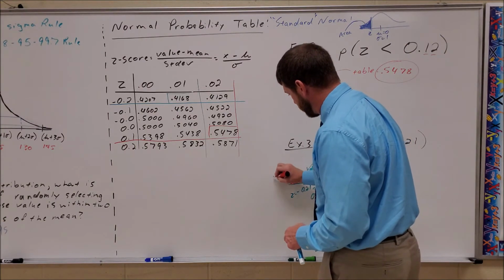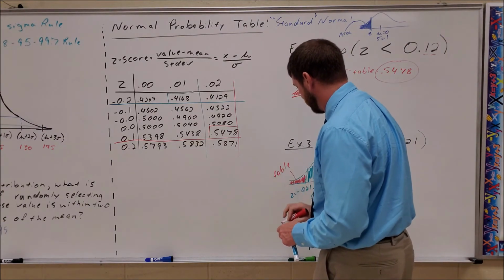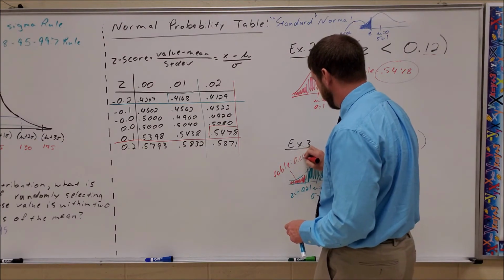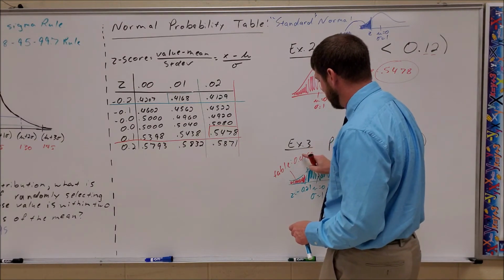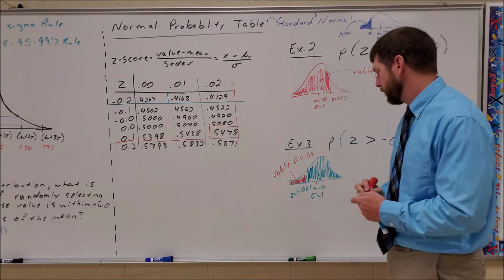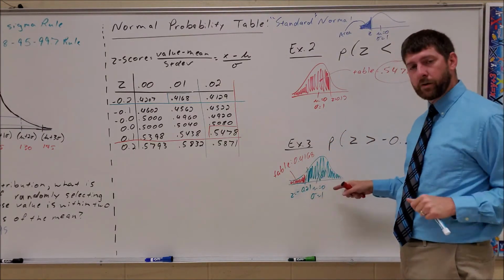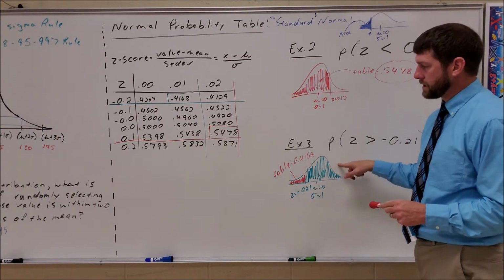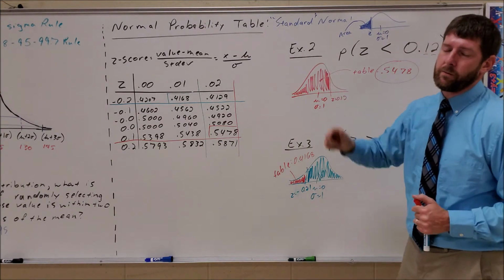So remember, this is what you get from the table. From the table, we know that it's 0.4168. That's what we're getting from the table. But we don't want the left side, we want the right side. So in this situation, what we need to do to get the right side, go back to that original problem we talked about.